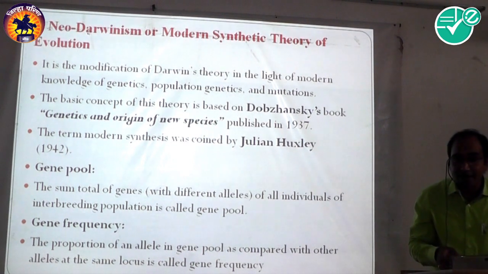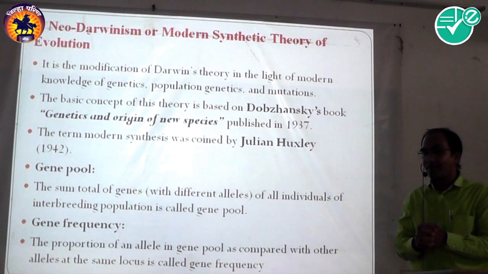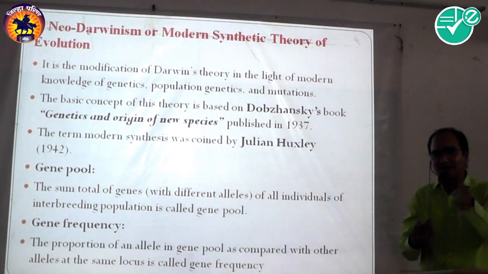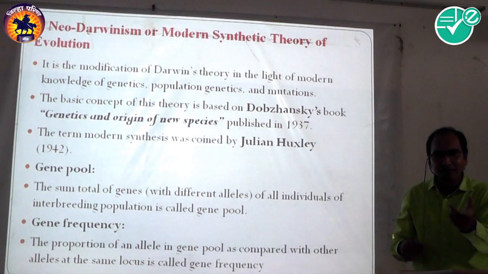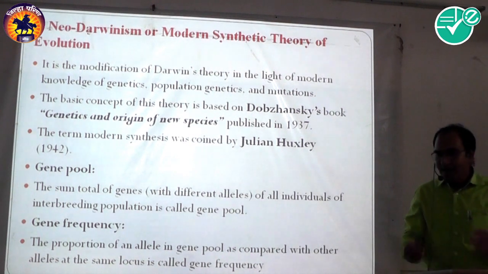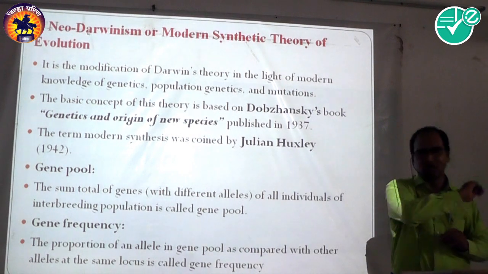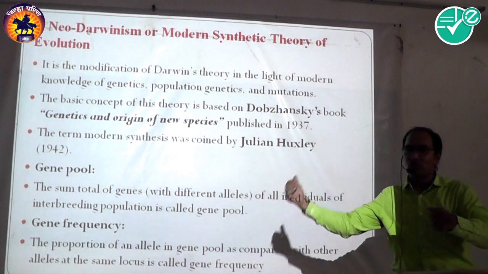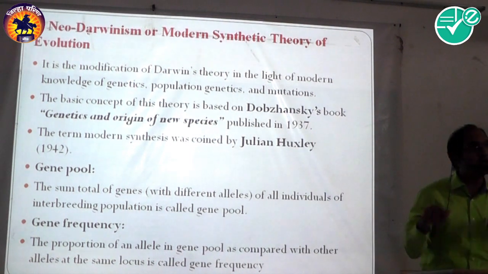I can roll my tongue, so I have the dominant gene for rolling of the tongue. If another individual cannot roll his tongue, that person has the recessive gene. For a single character there are 2 genes, because one chromosome comes from our mother and one from our father. So there are mainly 2 genes in any individual.